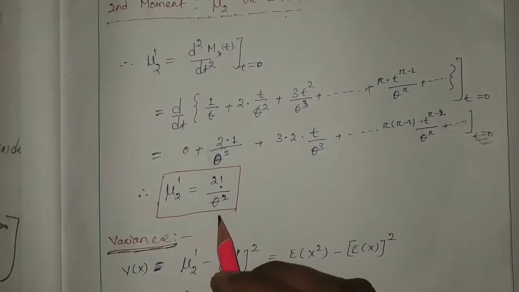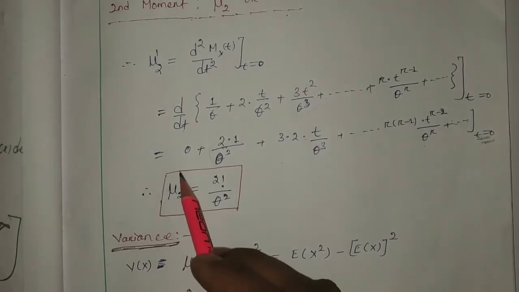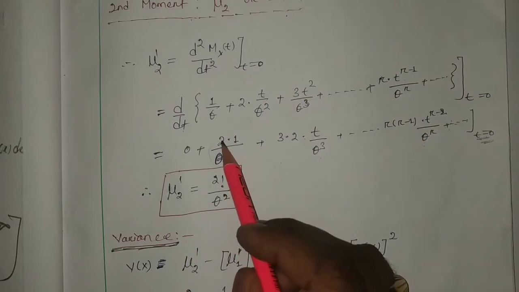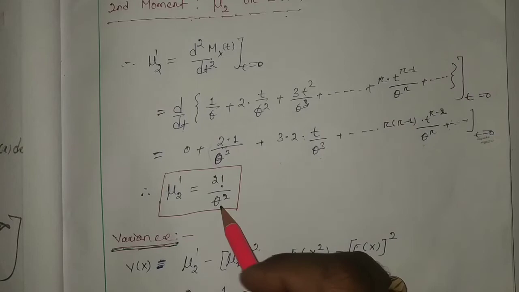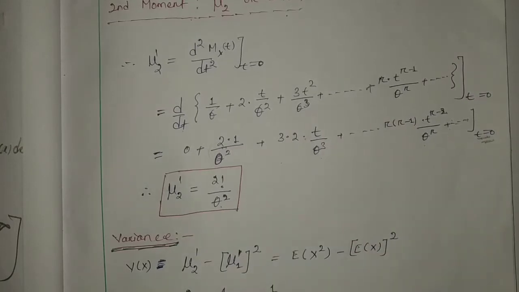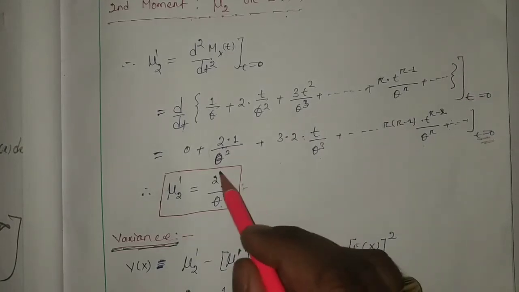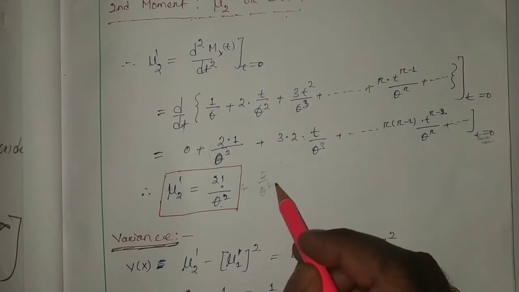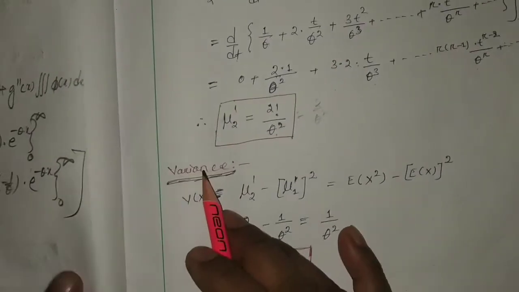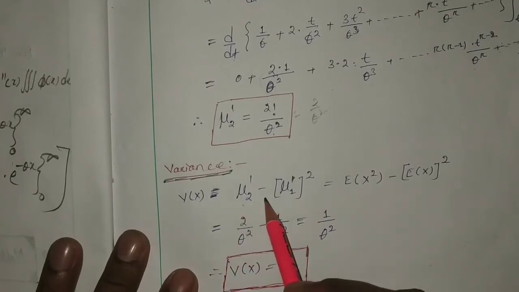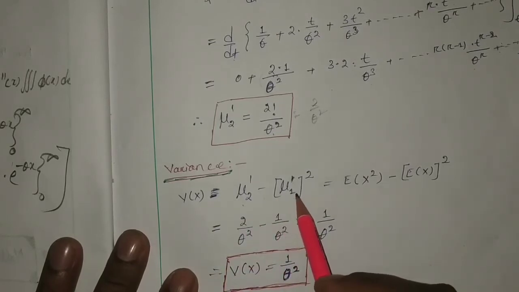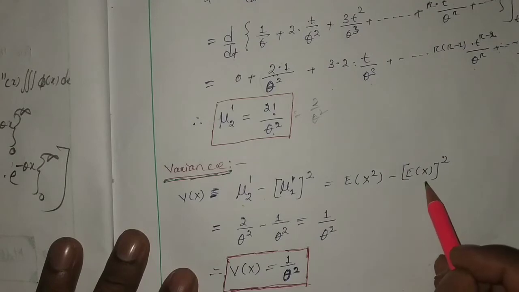So now we find mu 2 dash equal to 2 factorial by theta square. You can see 2 into 1 can be written as 2 factorial by theta square. This is your second moment, or this 2 factorial is nothing but 2 by theta square. Now, what will be the variance? Variance is nothing but the second moment minus the square of the first moment, or E of x square minus E of x whole square.